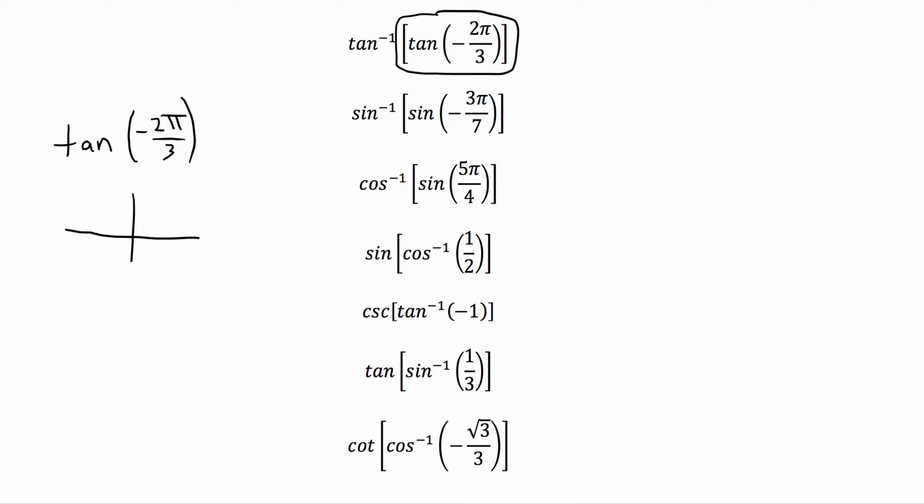All right, so negative 2 pi over 3, if I take it back to unreduced form, that's negative 4 pi over 6. So I'm going to count it out. This is, remember, we're rotating down. So this is 1 pi over 6. This is 2 pi over 6, 3 pi over 6, 4 pi over 6.